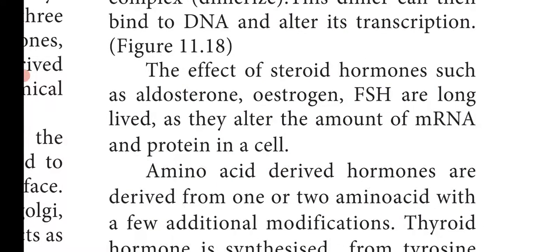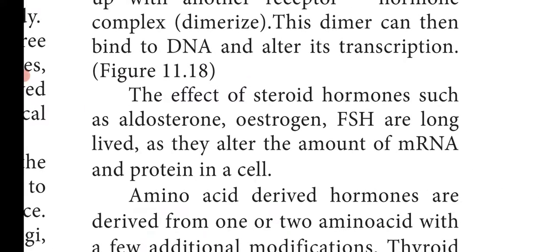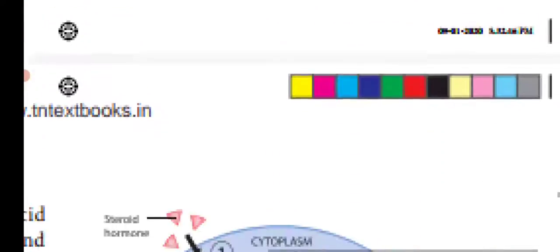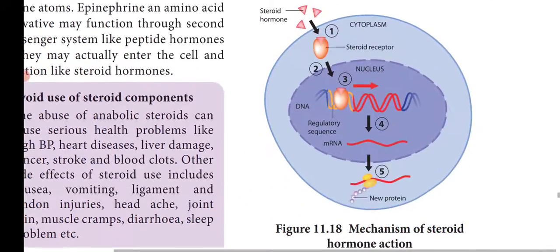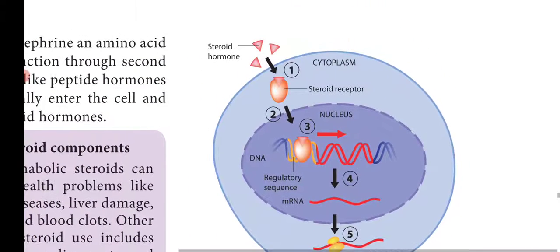So the effects of steroid hormones such as aldosterone, estrogen, FSH are long-lived and they alter the amount of messenger RNA and protein in a cell. So the effect of the steroid hormones is long-lasting and they can easily enter the cell membrane and bind to the receptors. In this picture, you can see the mechanism of the steroid hormone action. The steroid hormones easily cross the cell membrane and bind to the receptors present.